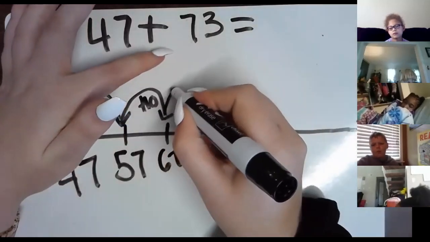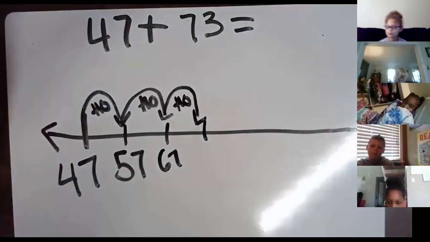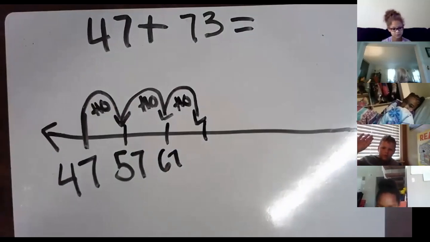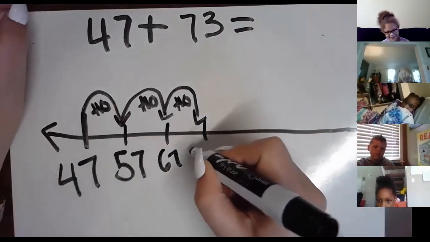So I'm going to add another 10. What's 67 plus 10? Caitlin? You have to unmute. There you go. 77.